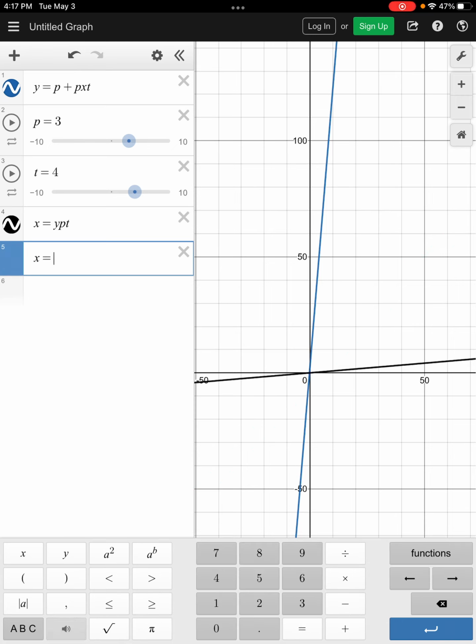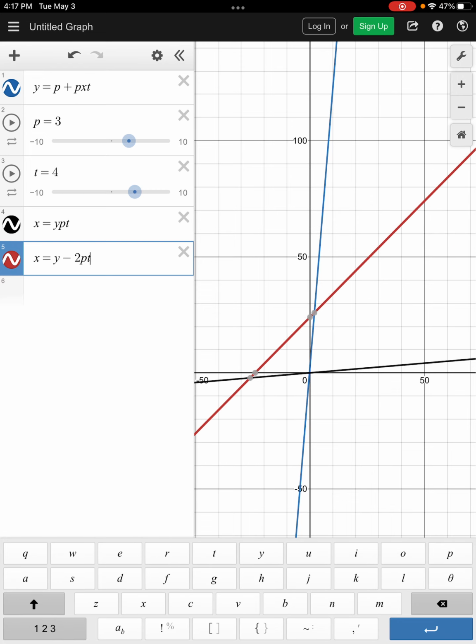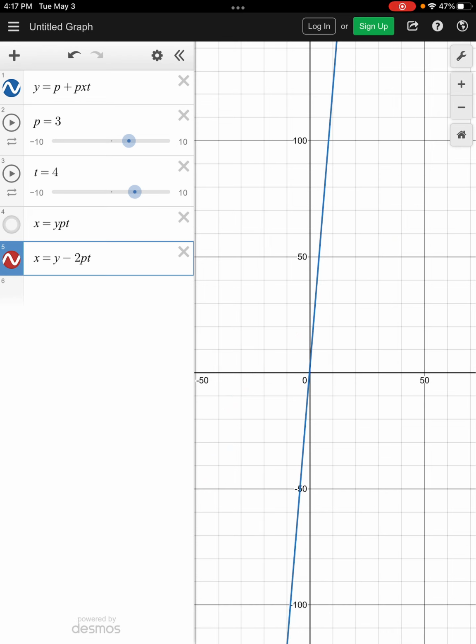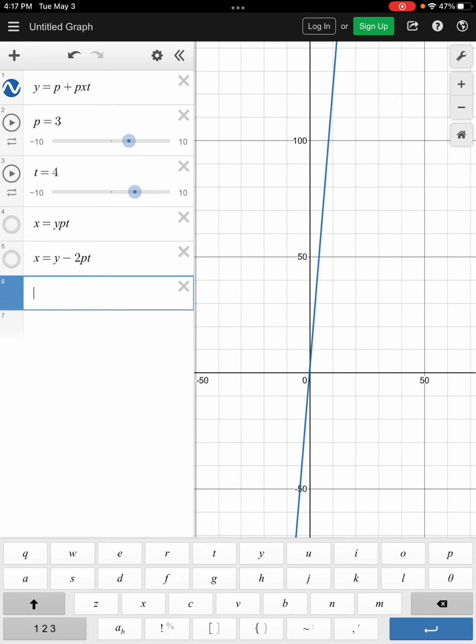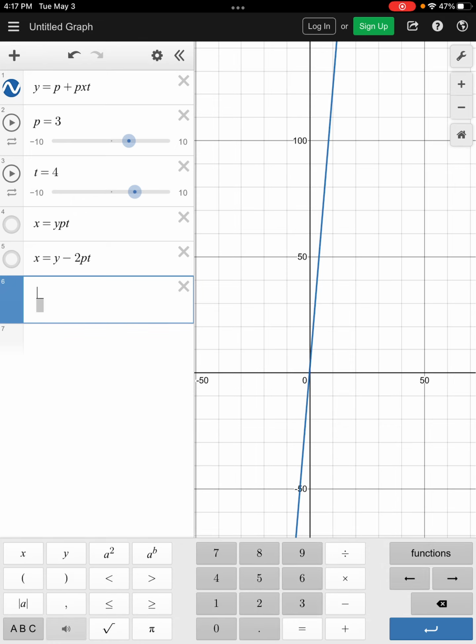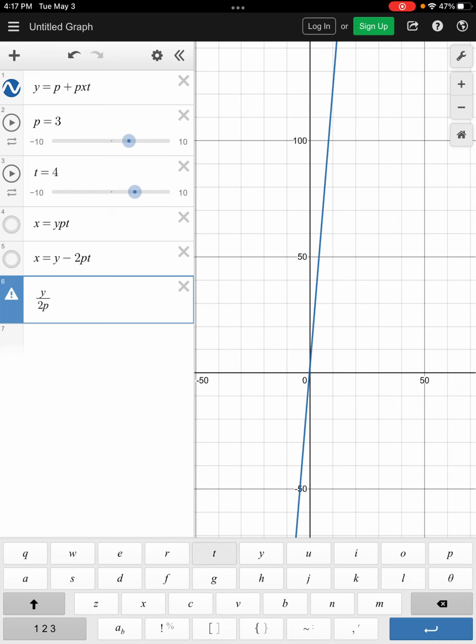X equals Y minus 2 times P times T. Is that the answer? Nope. That's probably not it either. Then we have the next one, Y over 2 times P times T.